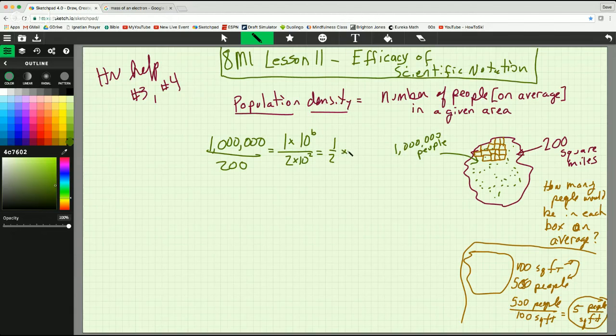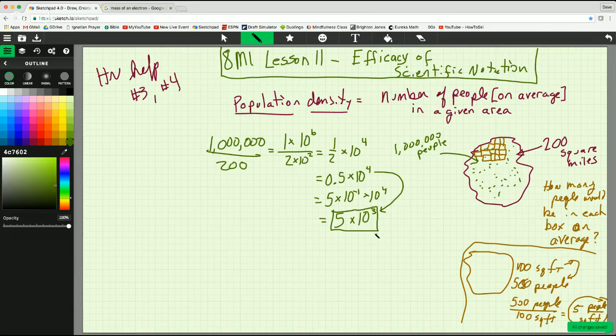A half times 10 to the fourth, right? We divide our first numbers, which is 0.5 times 10 to the fourth. Well, this isn't in scientific notation, recall, so we have to convert this into scientific notation. If you have another way to get from here to here, that's fine. I just like to do it this way.